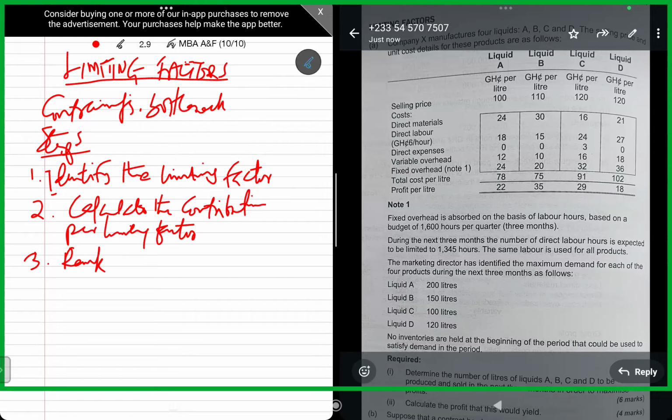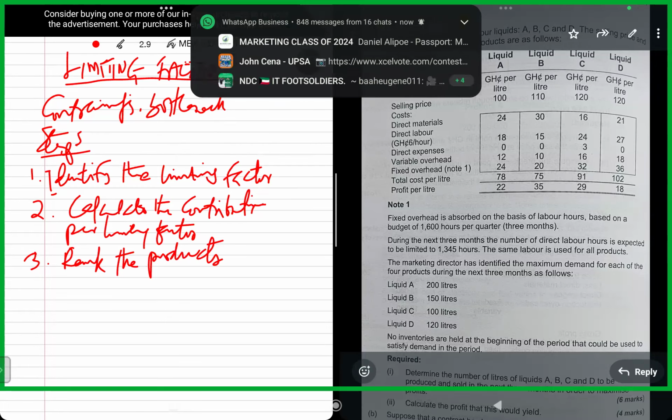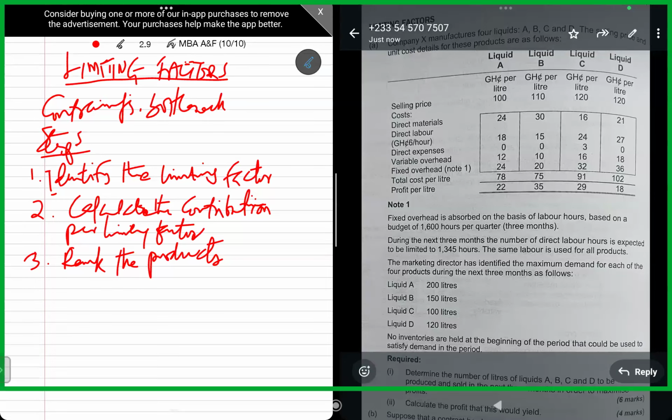So rank the products. The first one, calculate the contribution per limiting factor. Okay. Three, rank products based on the contribution per limiting factor.